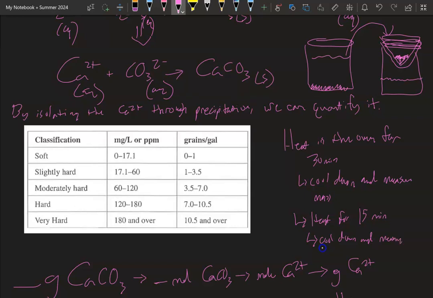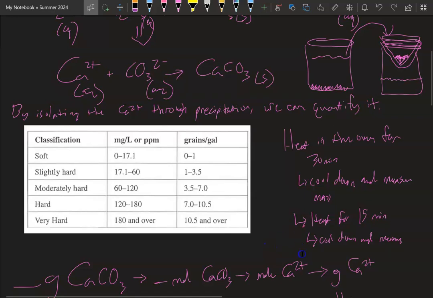Now, the objective here is to pay attention to the mass. If the mass doesn't change very much, on the order of a thousandth, like 0.001, then you know that you are dried out. But if it's changed quite significantly, then you'd want to put it back in the oven for a few more minutes. But 45 minutes should be plenty for that.